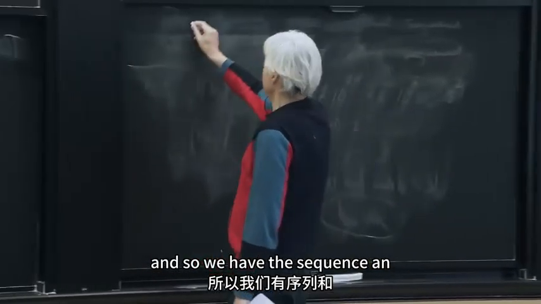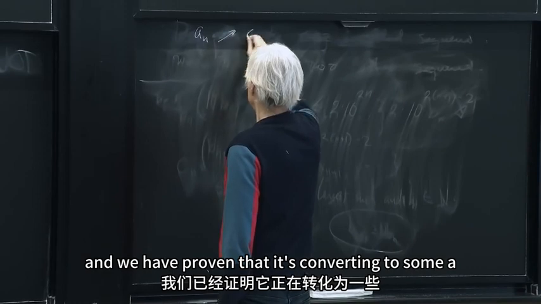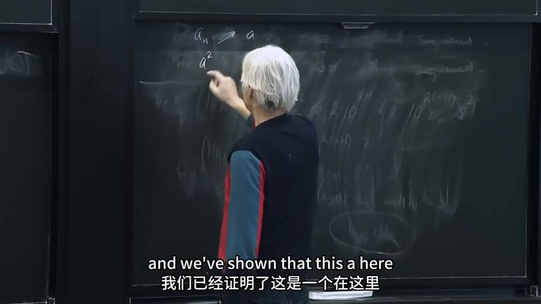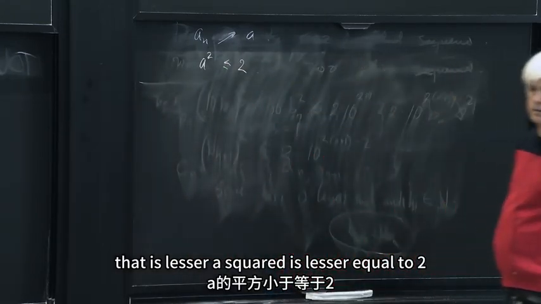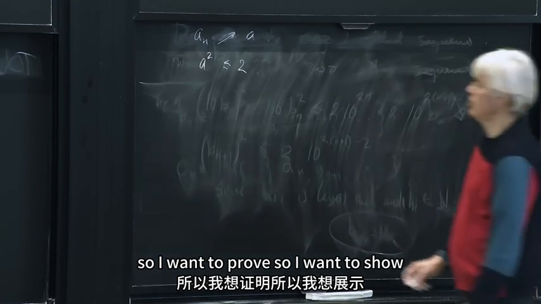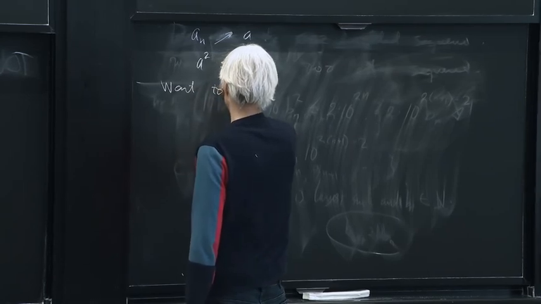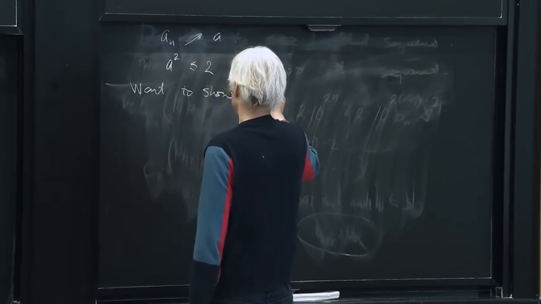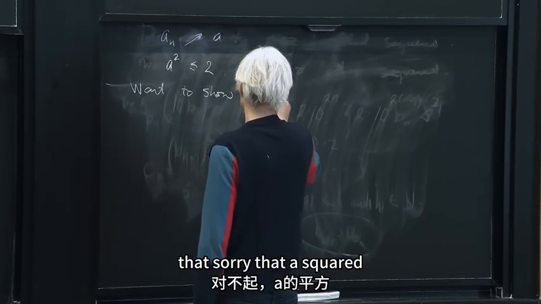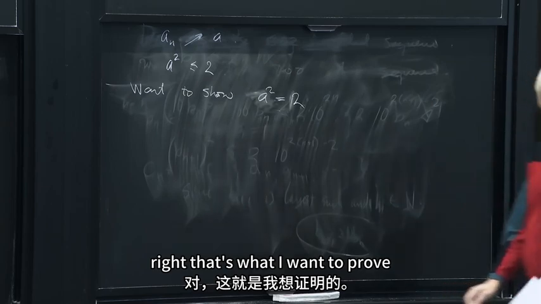And so we have the sequence an, and we have proven that it's converging to some a, and we've shown that this a has the property that a squared is less or equal to 2. So I want to show that a squared is actually equal to not 1 but 2. Right? That's what I want to prove.